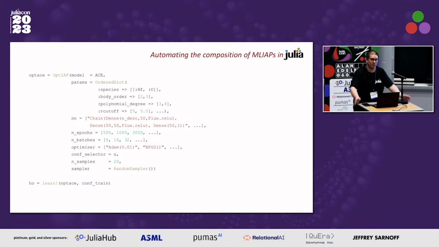The next level is to automate this process. And here we are defining the space of different combinations. We want to define the hyperparameters of, in this case, ACE. We want to know which values can take the body order, the polynomial degree, the cutoff radius. We want to define which models we are going to evaluate, how many epochs, the size of the batches, which optimizer we are going to use.